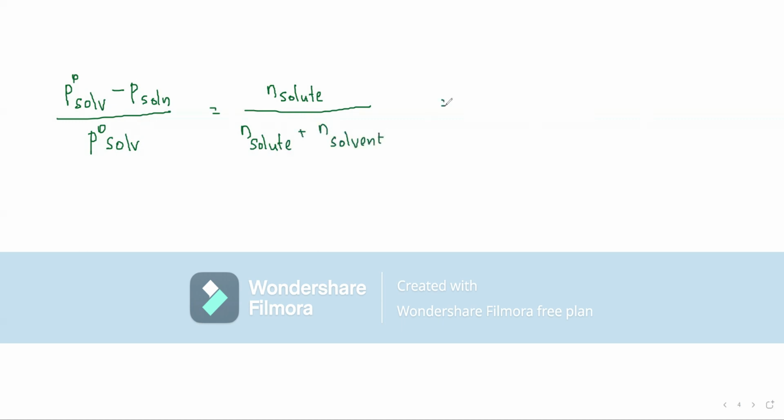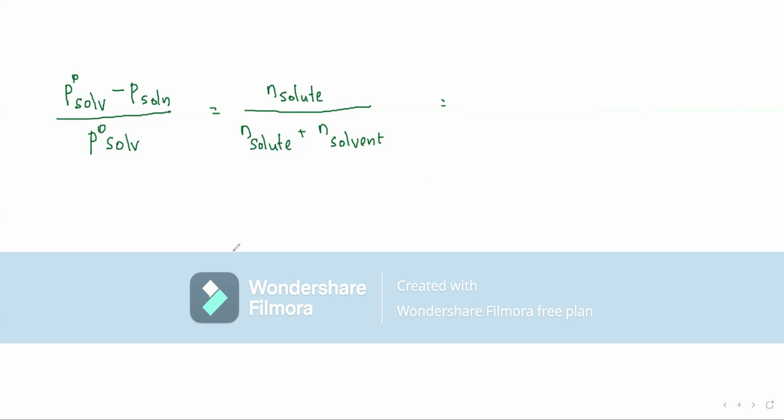But if your solution is very dilute, and I'm stressing on that, very dilute, the amount of solute is negligible when compared to the amount of solvent. Like you are taking about 100 gram of the solvent, but the weight of solute is 5 gram or less than 5 gram. Let's call that a very dilute solution.